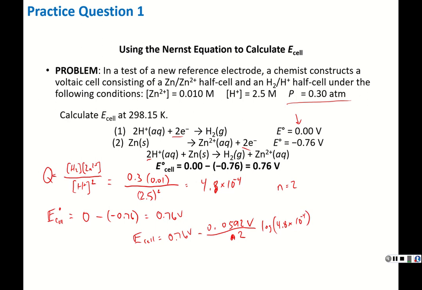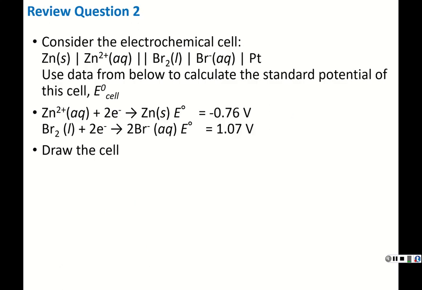Okay, and so when you do that and go through the math, the cell potential at these conditions is 0.86 volts. So higher than the standard cell potential. So these concentrations are more advantageous.